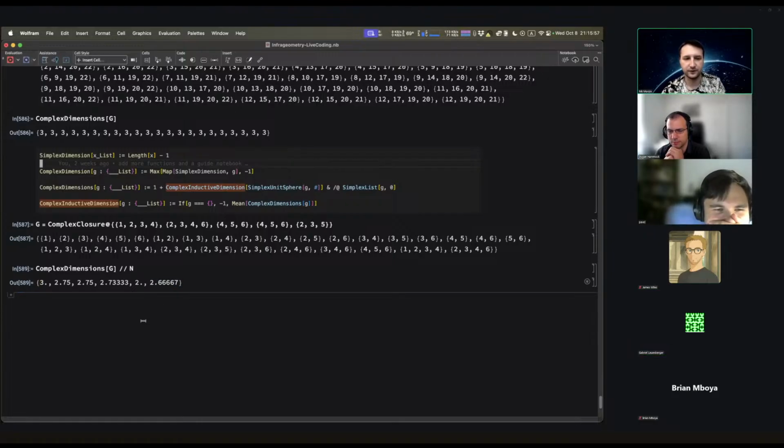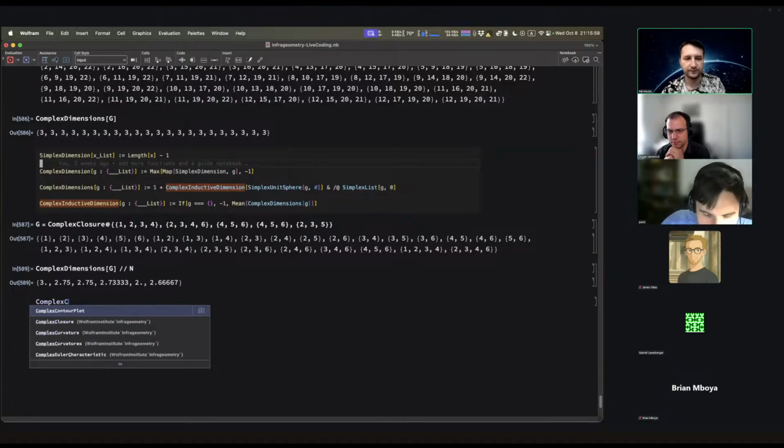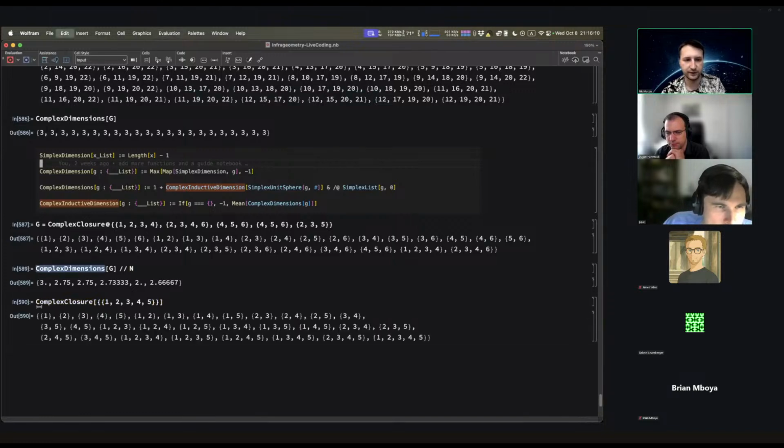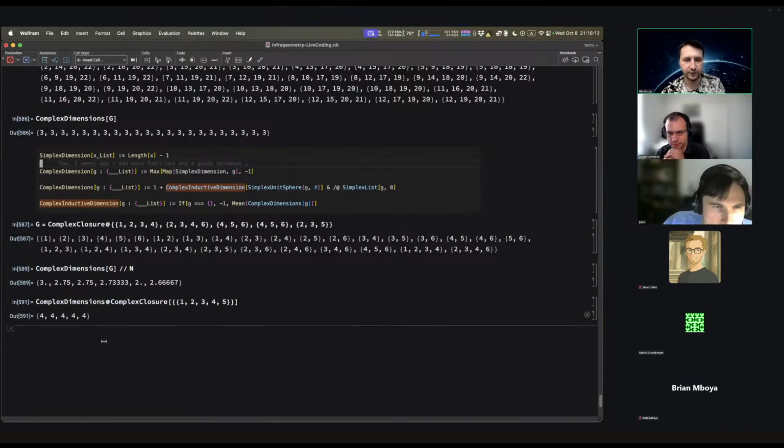So if you close your five-dimensional simplex, it's gonna have 4-dimension around each of the 5 vertices. Oh, okay. If you attach some tetrahedron to it, maybe with an additional vertex, there's something closer to 3, right?